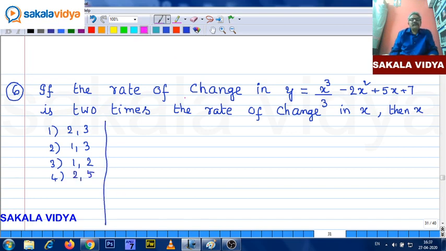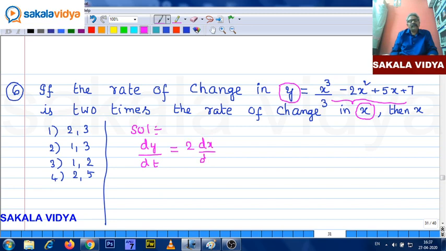The rate of change in y in this one is 2 times the rate of change in x. So what is given in the problem is dy by dt equals 2 times dx by dt.